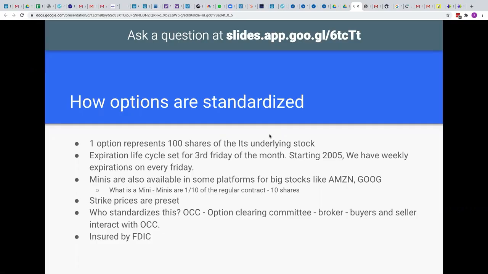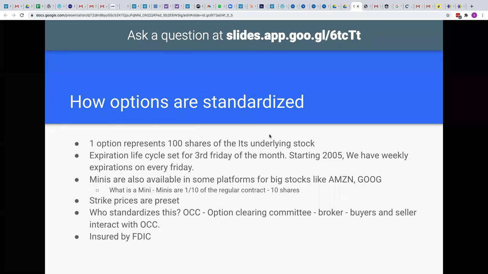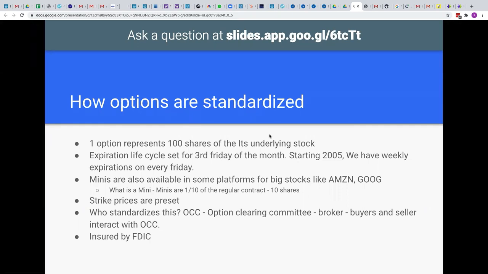Then we also have something called a strike price. Don't worry if you don't understand the strike price. I will show you exactly what is meant by a strike price later. But just try to grasp this. Strike prices are preset. What I mean by that is that all the prices at which you can buy an option are preset. For example, if you have a stock that is greater than $100, usually the increments will be in terms of $5.